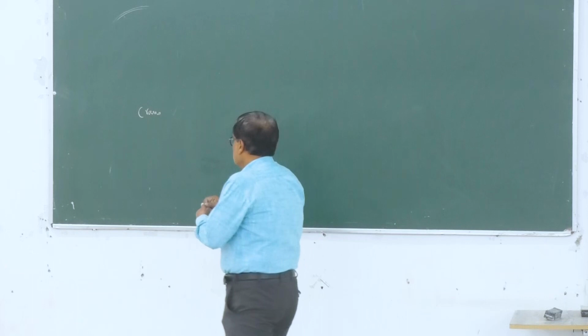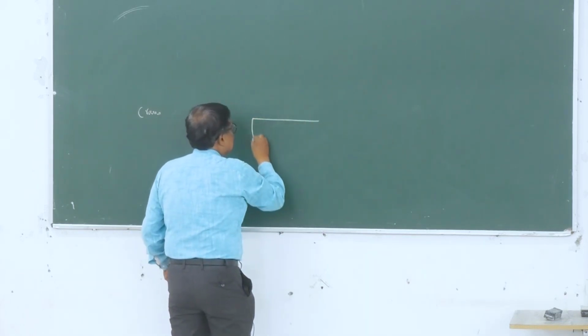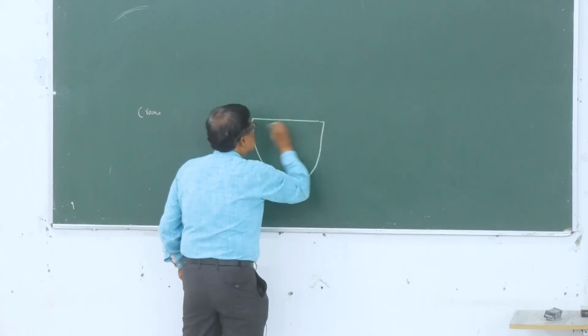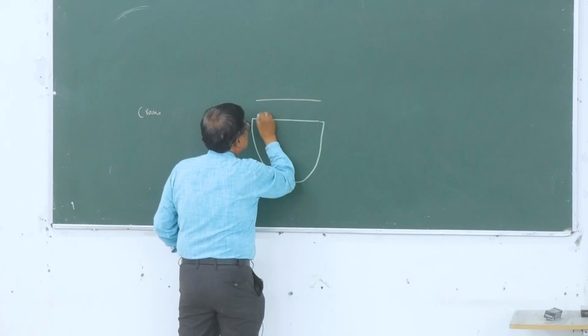If we now draw it clearly: pericardial cavity, this is the heart tube, a single heart tube.